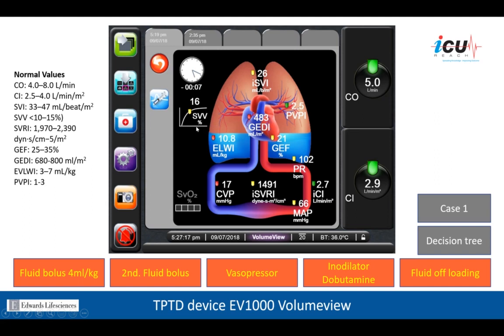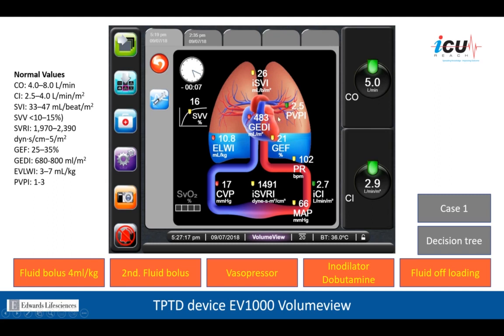But before we give him fluid, let's look at the extravascular lung water index. It is 10.8, and as I stated before, we like to keep it below 10. Otherwise, we will see worsening in the extravascular lung water for this patient, predisposing the patient to the effects of pulmonary edema.